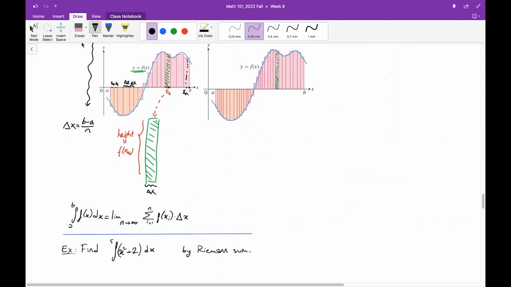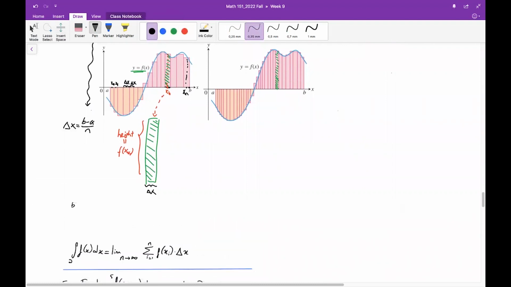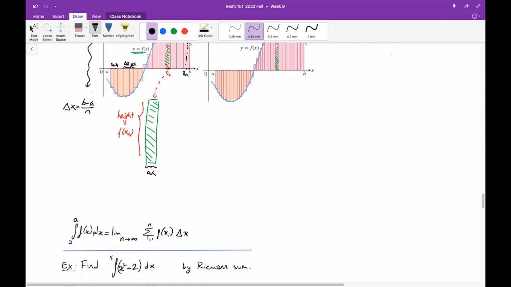Base is given by delta x, which is given by this expression. And then you can easily write a formula for the area of this approximating kth rectangle. So let's denote the area of it by AK, area of the kth rectangle. Kth rectangle is what? Is base times the height. This is base times f of xk, xk being the midpoints, times the height.